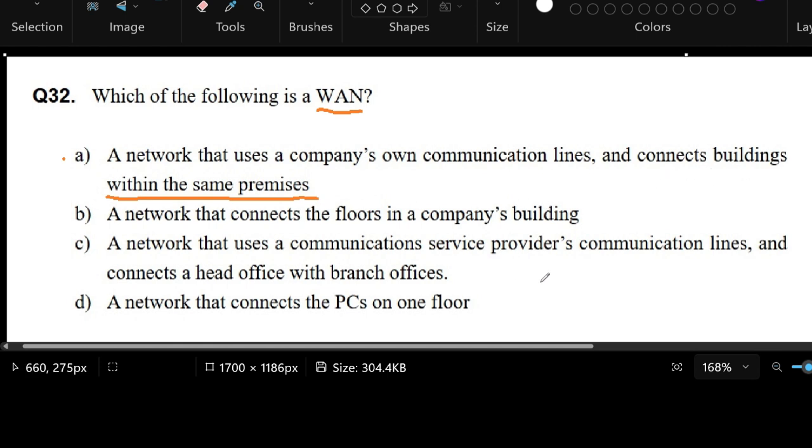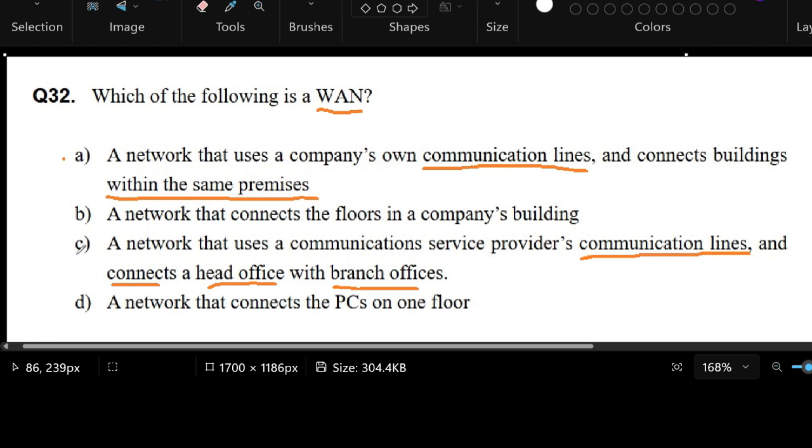For letter C, we do have connections between the head office and the branch offices, as well as communication lines, just like in letter A. But for letter C, it seems like this is much wider type of communication line that covers much farther distance.